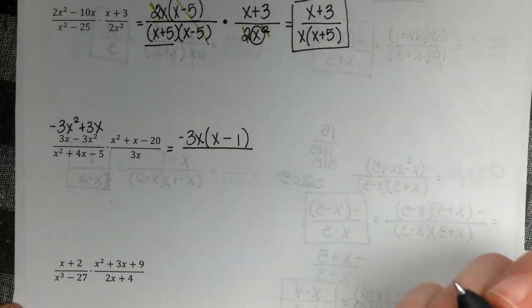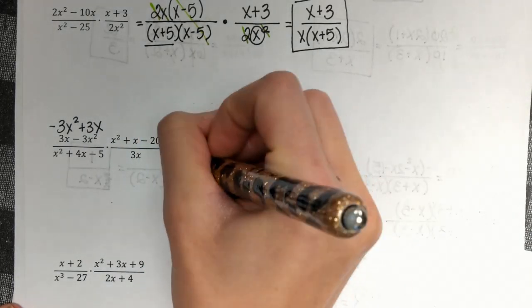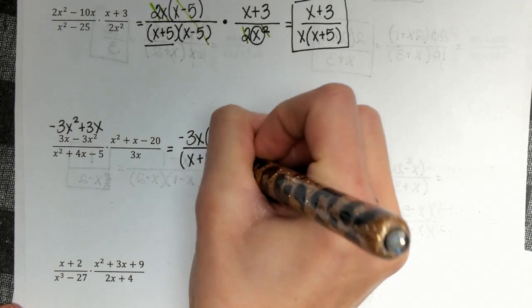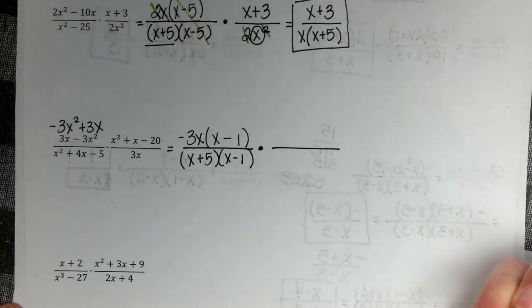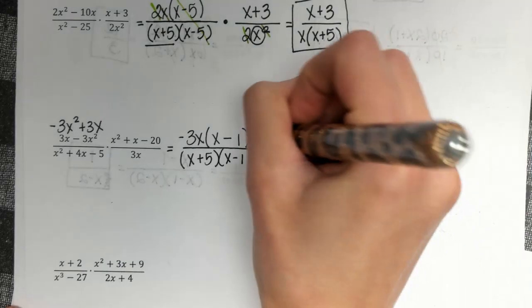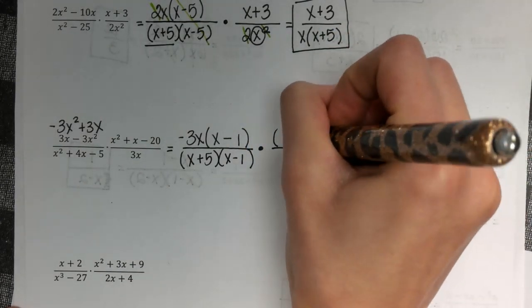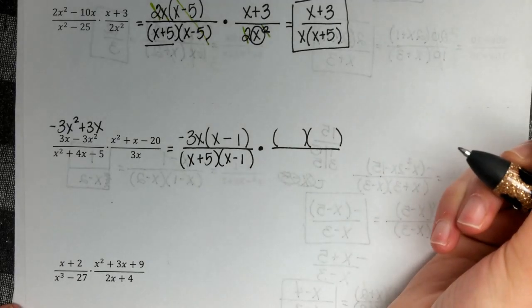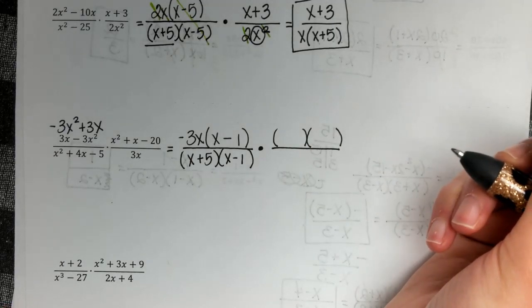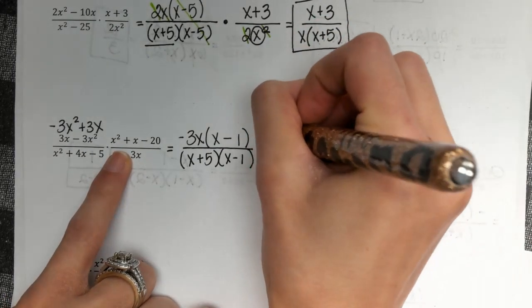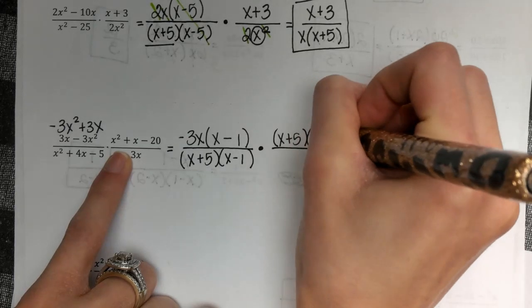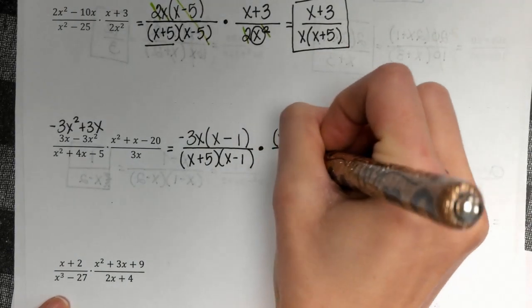And then x squared plus 4x minus 5 is going to give me x plus 5, x minus 1, times x squared plus x minus 20 will factor into what? What factors of 20 will give me a 1? Five and 4. So I want a positive, so that's going to be x plus 5, x minus 4 over 3x.